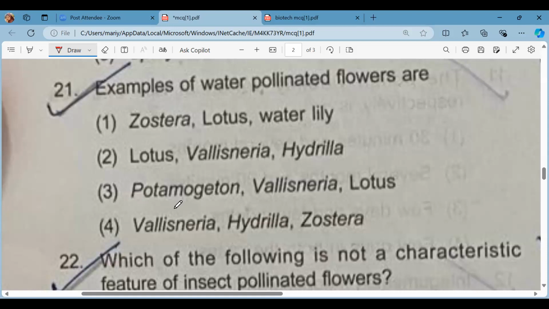Number one, lotus, water lily, and zostera. No. Lotus is not water pollinated. It is a water plant, but it is not pollinated by water. Pollinated by water, you understand? That the pollen grains are being carried by the water.